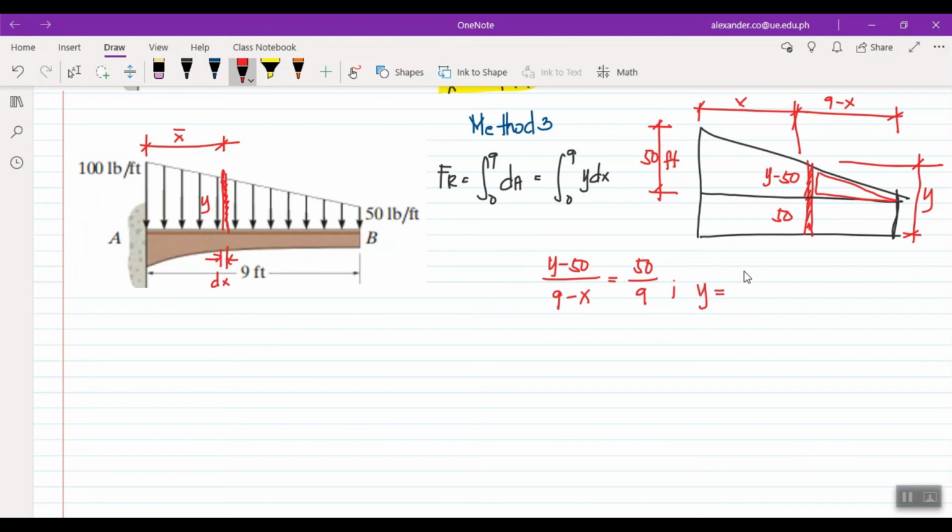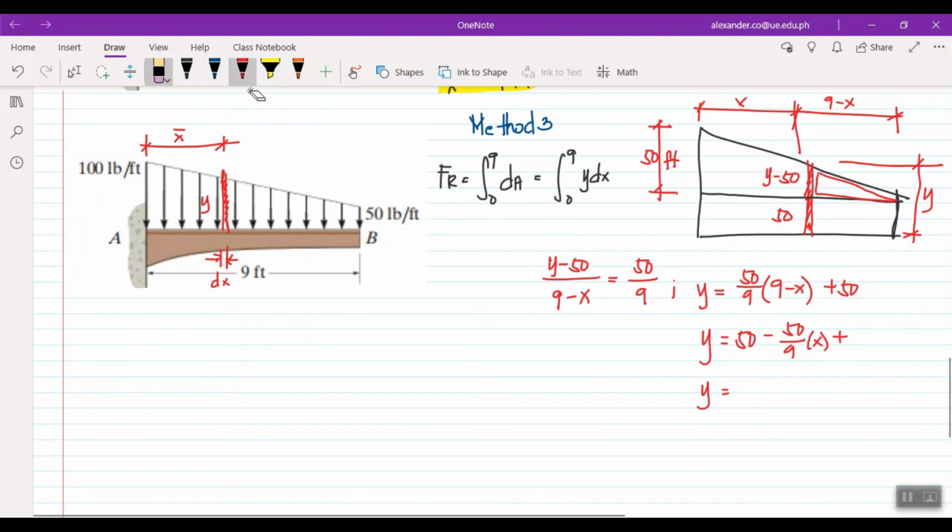Y is 50 over 9 times 9 minus x plus 50. Okay, algebra. So, simplified, y is 100 minus 50 over 9 times x.